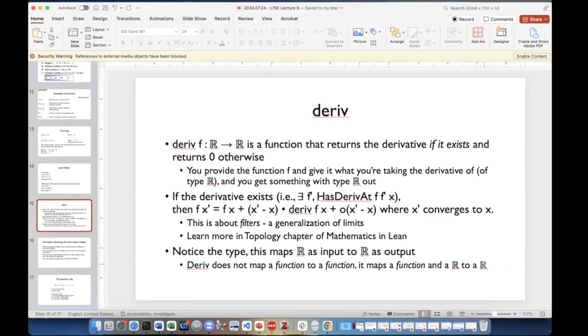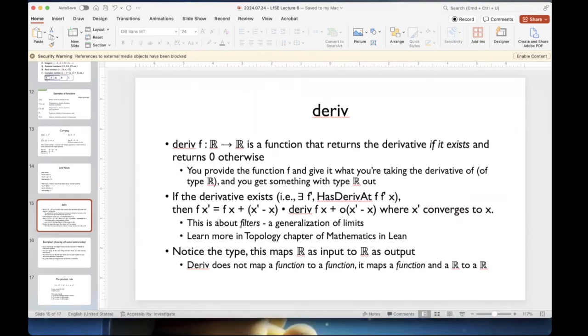Up thread, I was able to prove that deriv of function x of r to r squared is equal to function of x of r to 2 times x. Is that not mapping a function to a function?